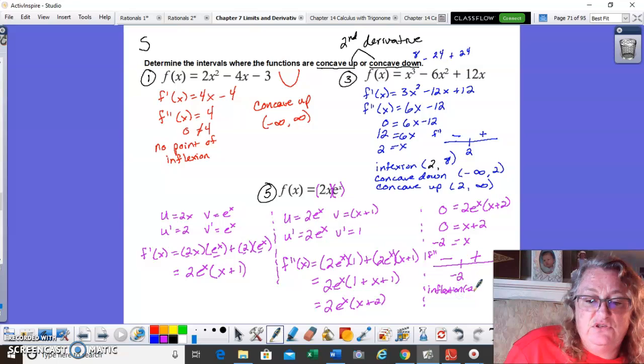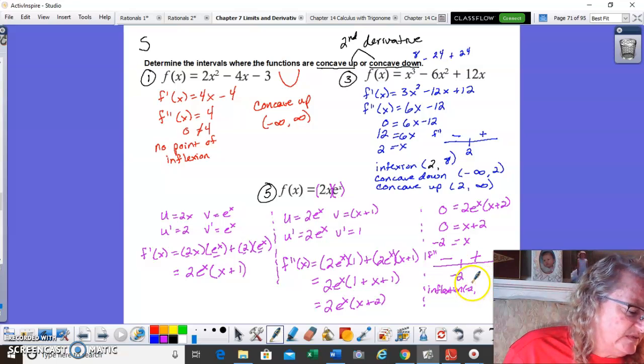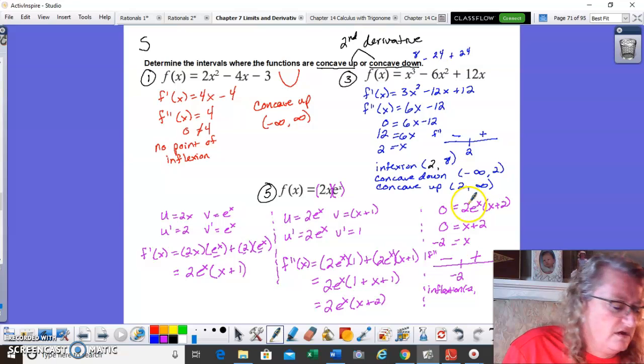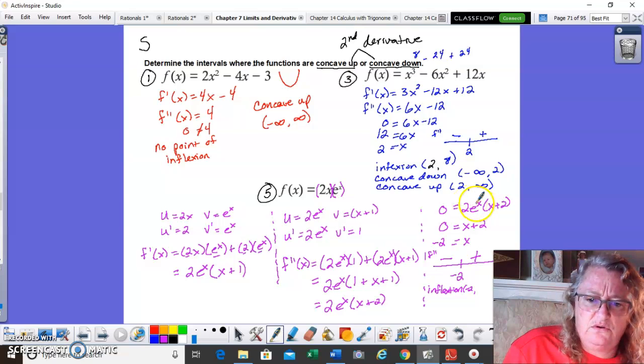at negative 2, and I've already substituted in negative 2, but you can see if I put in negative 2 up here, this becomes 2 over negative 2 plus 2. That's 0. Would that multiply to 0?